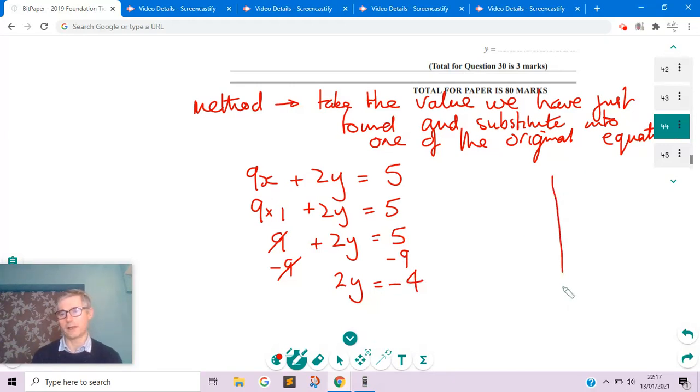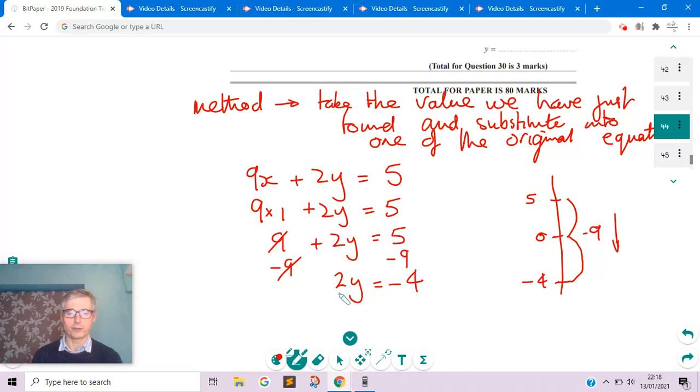If you're unsure about that, just think of a number line. Imagine that's 5. If we took away 9 from that, we'd go down below the 0 to minus 4. So we just need to get the y on its own. So 2 times y.